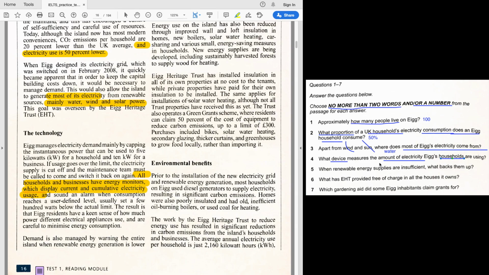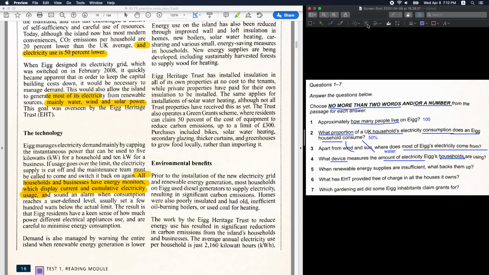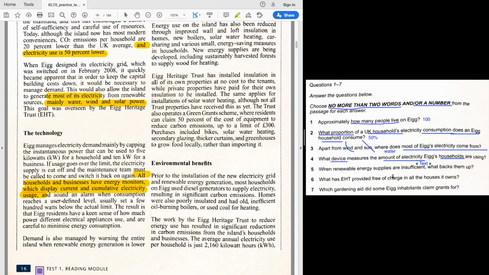So good, this is what we need. The device here is energy monitors. We cannot just put monitors, because energy is a very crucial piece to the answer. So energy monitors. Perfect.